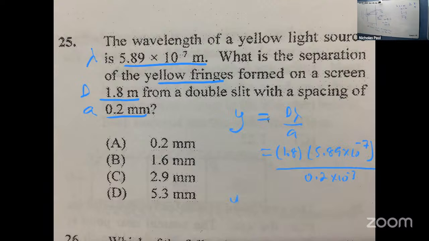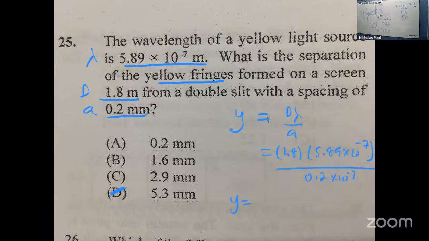Work it out and get to Y. What did you get for Y? 10 to the minus 9. Check it again.